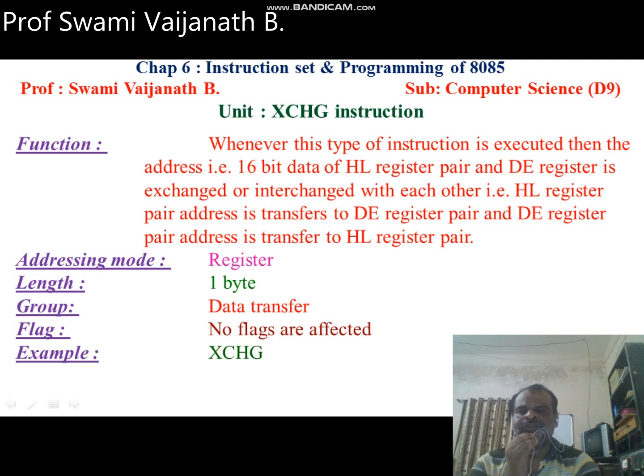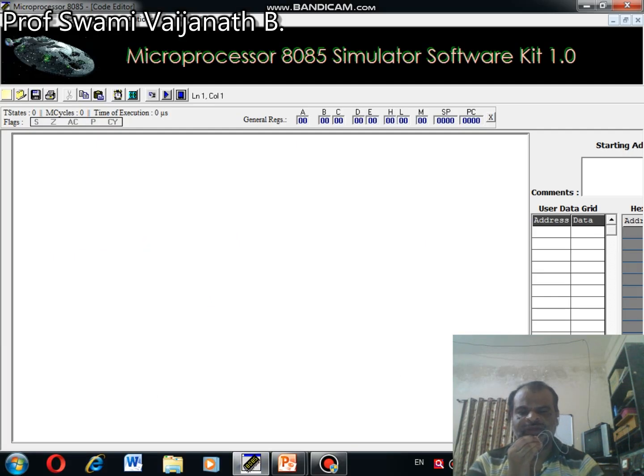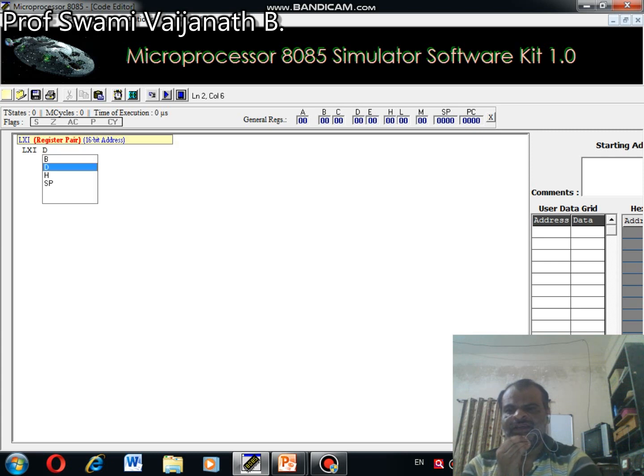Then see practically what happens. Suppose I initialize the LXI H instruction with address 6789. Then I initialize the DE address 9745.